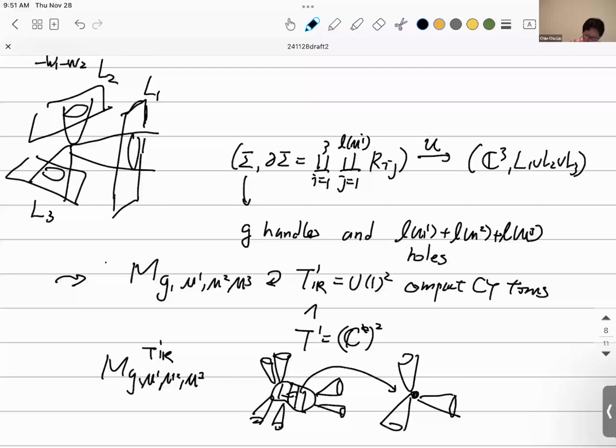And then you have a union of this closed curve with disks, one disk for each boundary component.